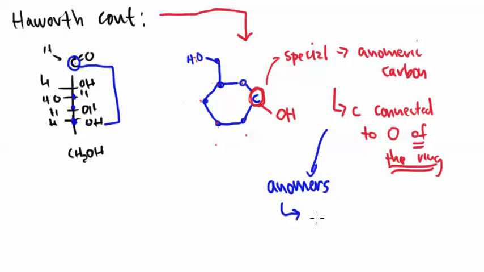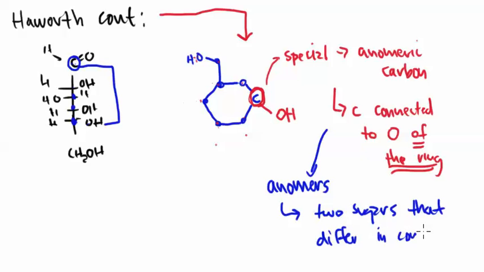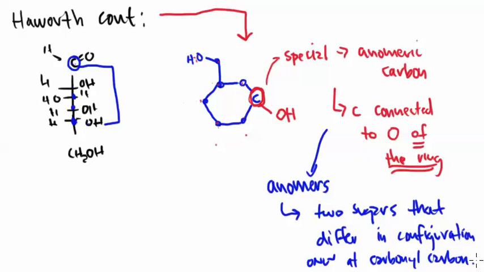An anomer is basically two sugars that differ in configuration only at the carbonyl carbon. So this was our carbonyl carbon. And that is one of the reasons we call it the anomeric carbon, because that is where our anomer is going to be structured.